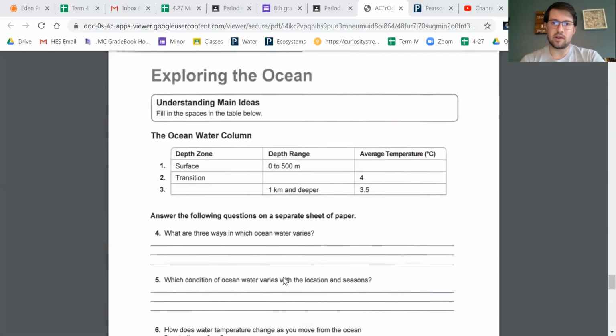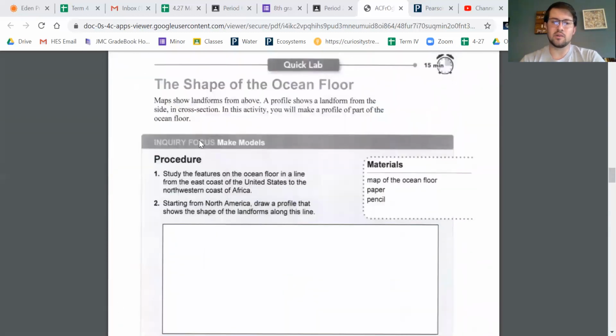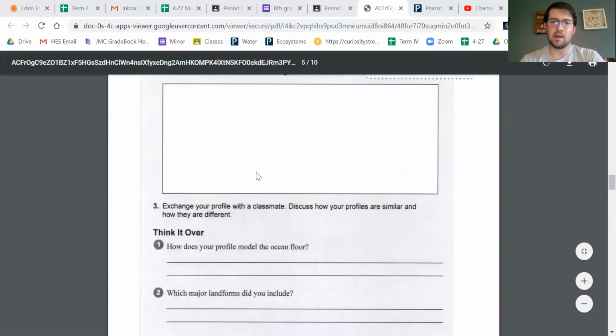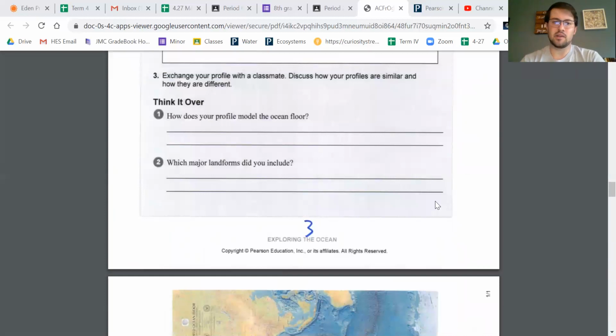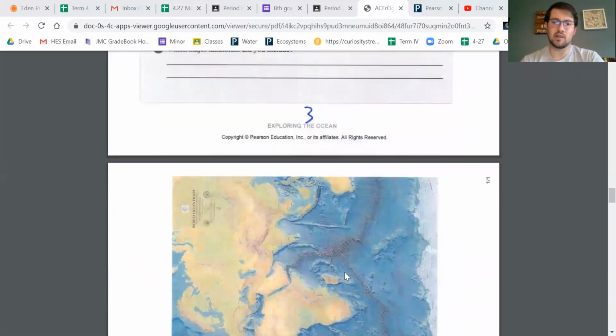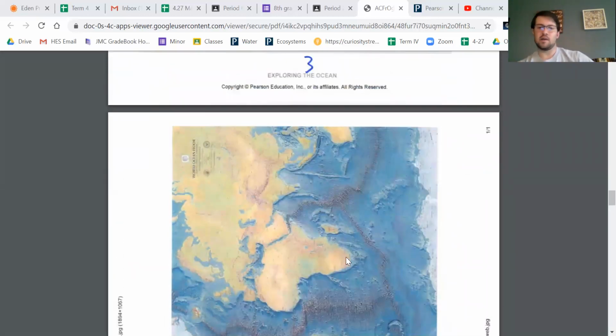So just a quick overview of the week. Make sure to complete this lab. I did that demonstration for you, and I want to see your own work. You can make it as simplistic or as complex as you'd like. If you want to choose a different section of the Earth and do a cutaway of that, just make sure you're labeling that on your map.